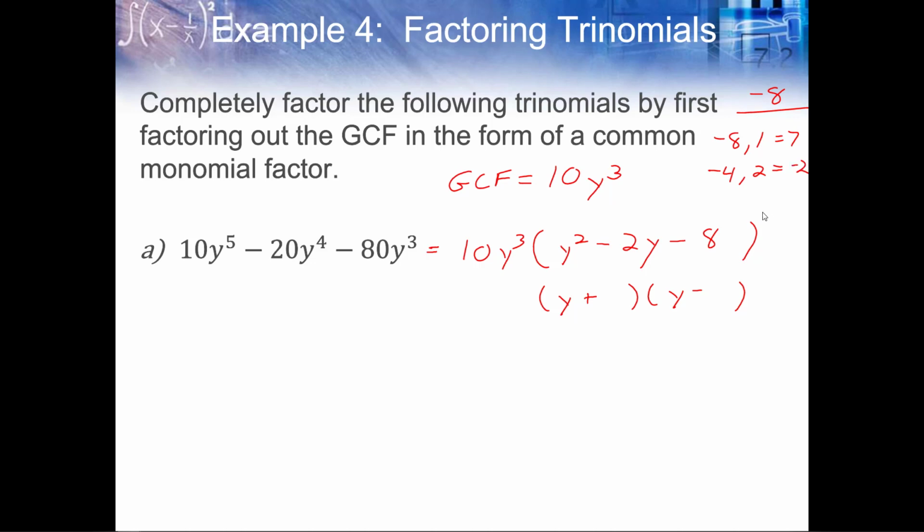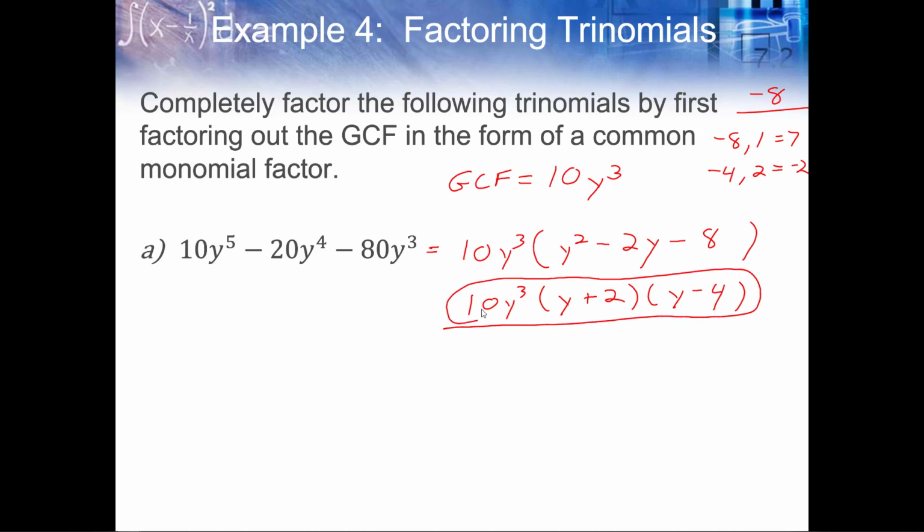So that's what we're looking for. So this one we will have y plus 2 times y minus 4. And then y squared minus 4y plus 2y gives me minus 2y, and I have my minus 8. And I also need to remember to bring down the 10y cubed. And there it is factored.